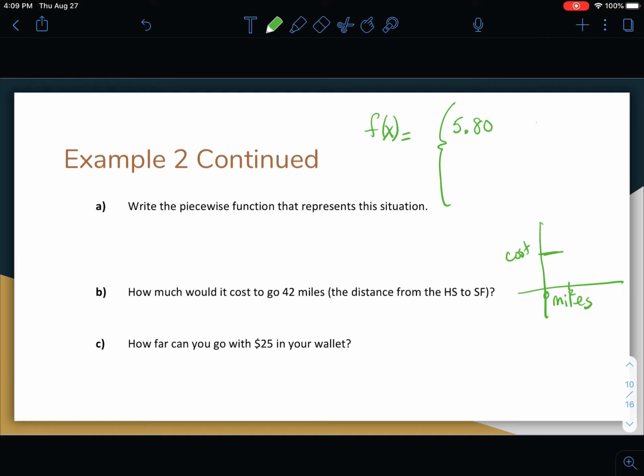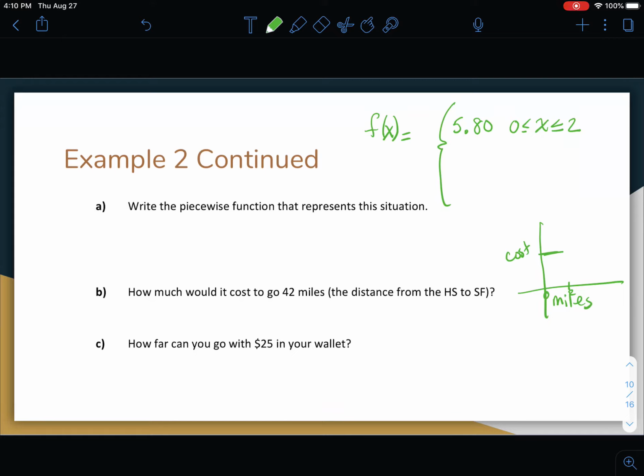So we want that constant from 0 to 2. So we're going to say when the miles are less than or equal to 2 and greater than or equal to 0. Now, here's a little debate. I did put an equal to for both. However, if you drove 0 miles, you would assume you wouldn't pay. However, let's say the Uber was already there and you said, no, I'm not going to go in the Uber.